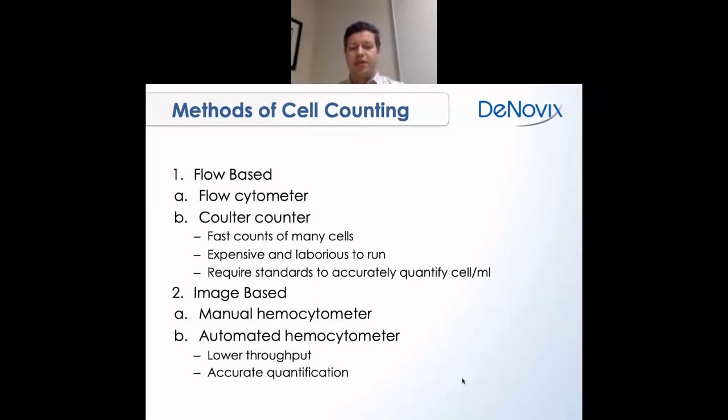Those would be lower throughput than a flow-based system, but they will give you accurate cells per mil, viability, GFP transfection percents, that kind of stuff, very quickly and a lot more cheaply than using a flow-based method.